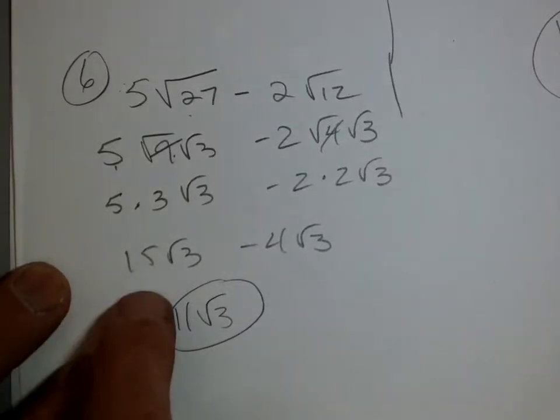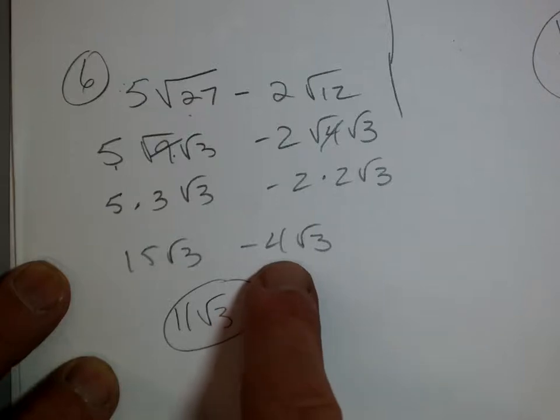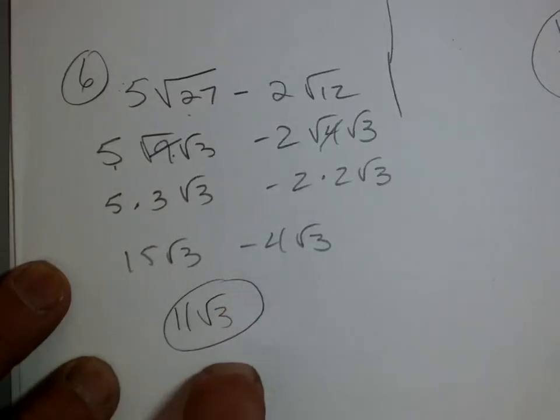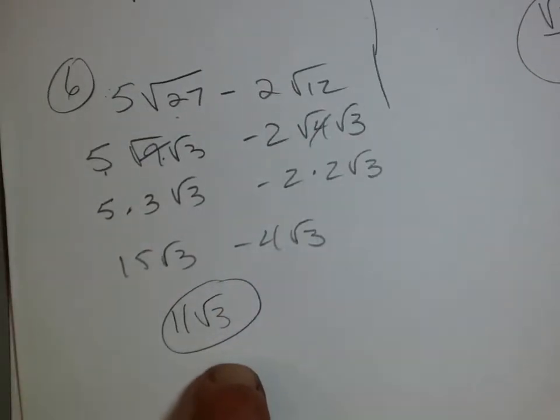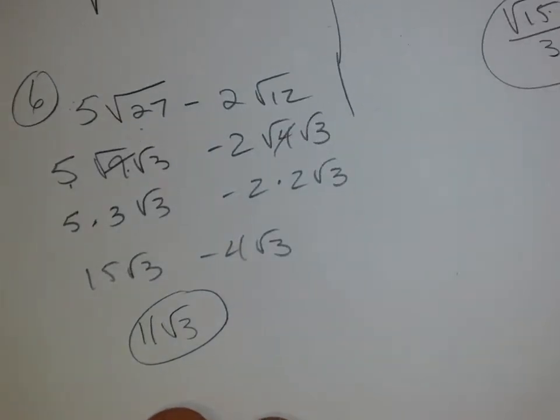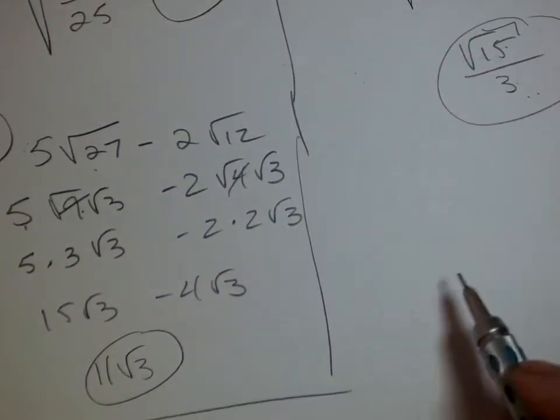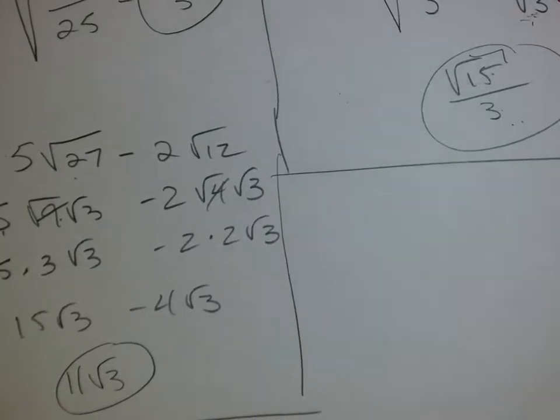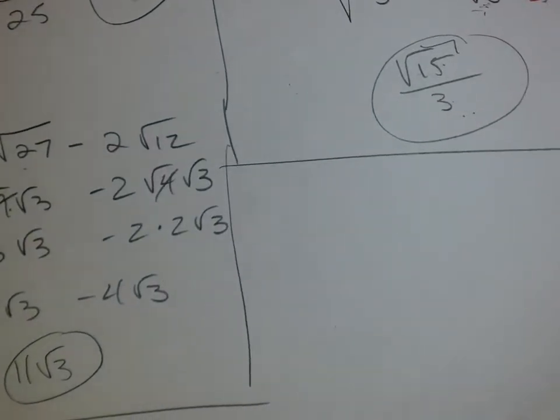There's how many square roots of 3? 15, take away 4 makes a total of 11 square roots of 3. Okay, thumbs up. Hopefully we can change those thumbs down. Hannah, now look at you work so hard. I love it. Awesome, thank you.